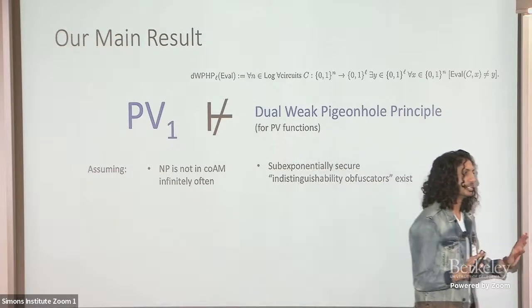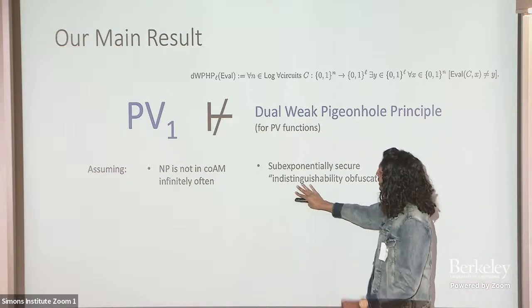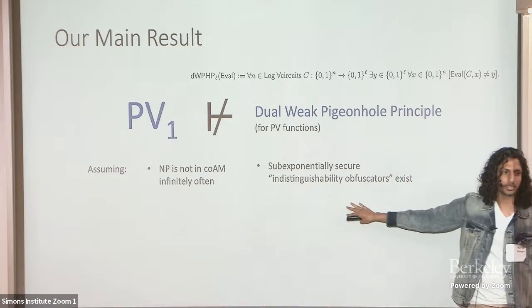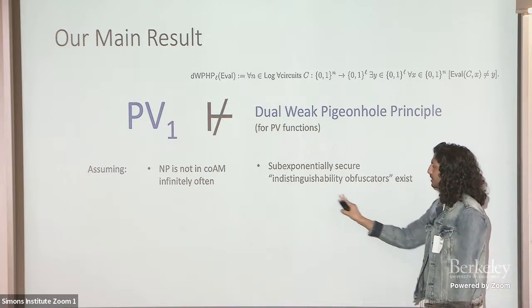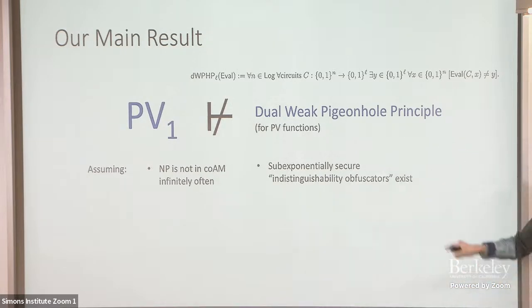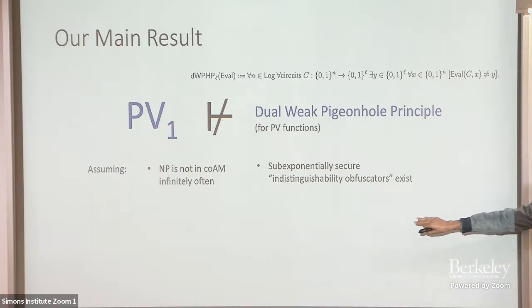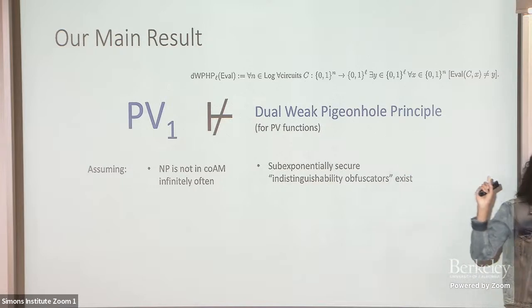Under a derandomization assumption, this is basically just NP not equal to co-NP infinitely often. So that's a nice complexity theoretic assumption. The second assumption might be less familiar to the audience, but we'll also hear about it later in the day: sub-exponentially secure indistinguishability obfuscators. I'll tell you about them later in the talk. So assuming that these two things exist, you can prove that PV1 does not prove the dual weak pigeonhole principle.